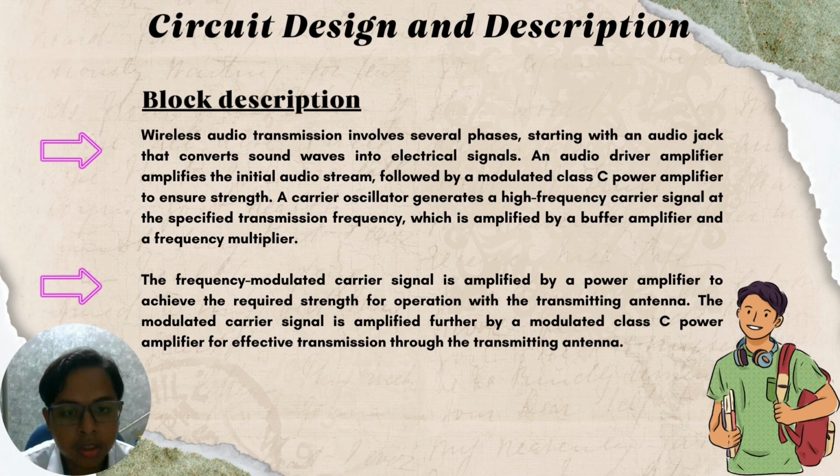A carrier oscillator generates a high frequency carrier signal at the specific transmission frequency, which is amplified by the buffer amplifier and a frequency multiplier. The carrier signal is amplified by a power amplifier to achieve the required strength for operating with a transmitting antenna. The modulated carrier signal is amplified by a modulated Class C power amplifier for effective transmission through the transmitting antenna.